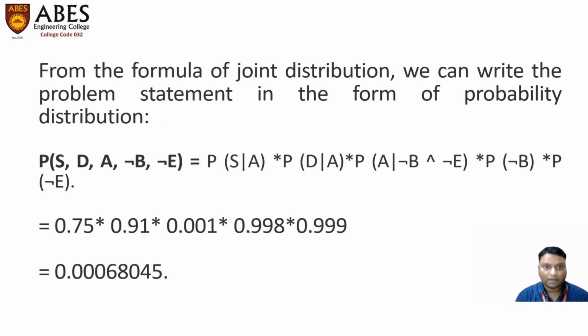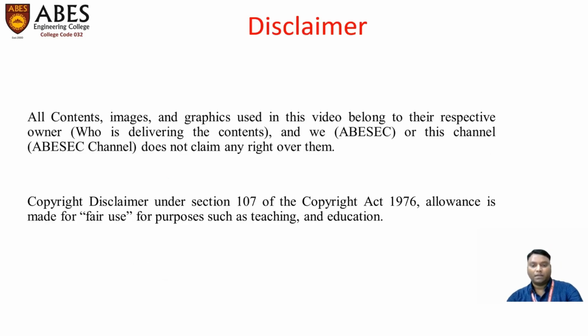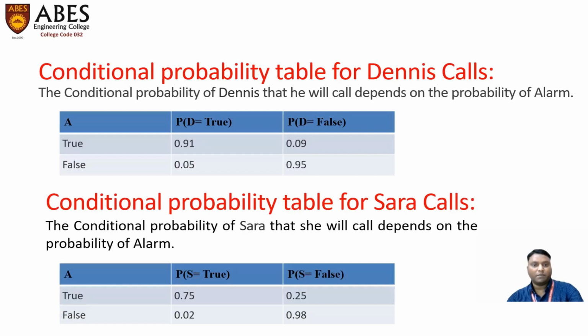Now check how we are getting this value. We have to check the conditional probability table of Sarah. Sarah calls.